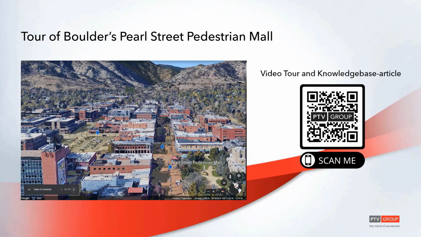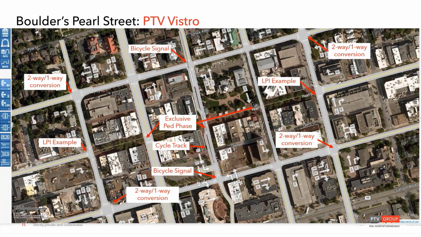This section around Pearl Street has a lot of urban street applications to connect up to this pedestrian area, which hopefully you'll see on this next slide. Here's an overview of the Vistro model that I created. The gap in the middle, basically where all those exclusive pedestrian phases are, that's the Pearl Street Mall.